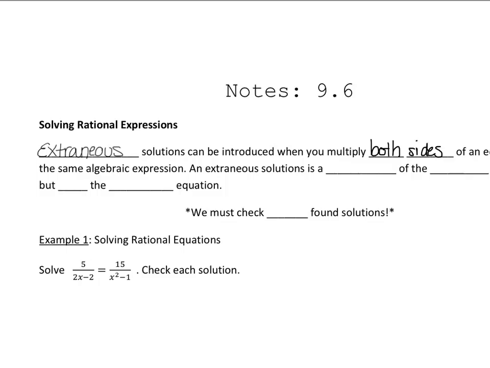An extraneous solution is a solution of the derived equation, the one we end up with, but not of the original. And we only want solutions to the original, so we must check all of our answers in the original to make sure they're right.